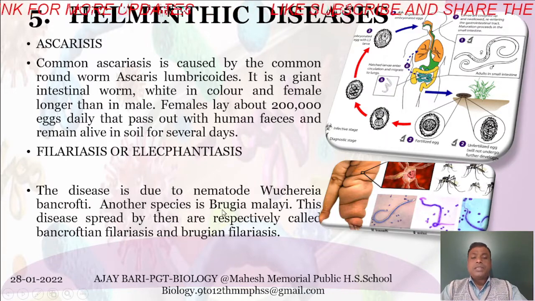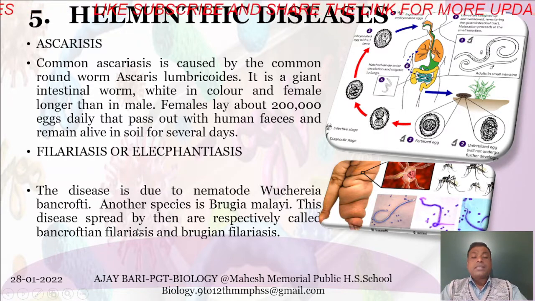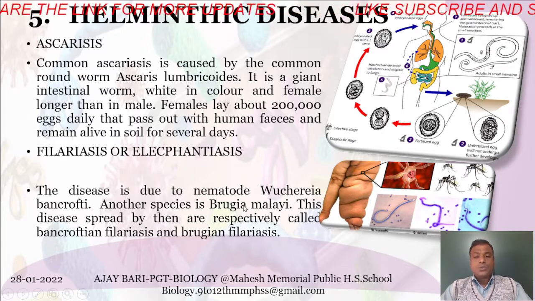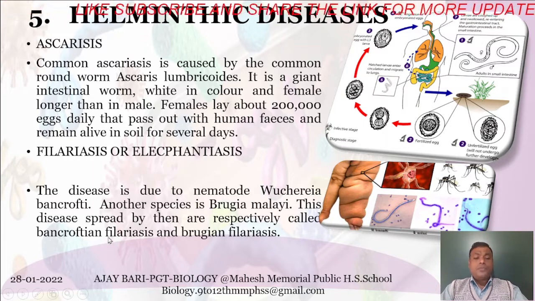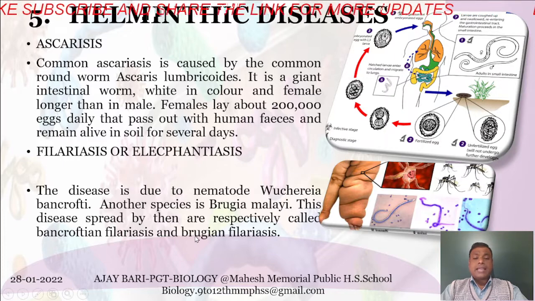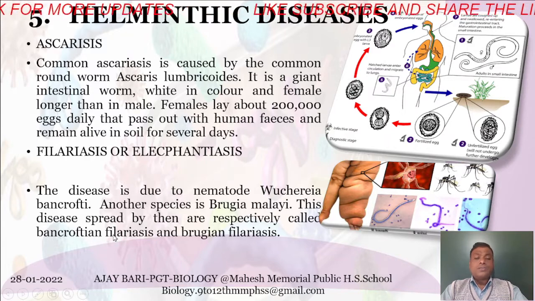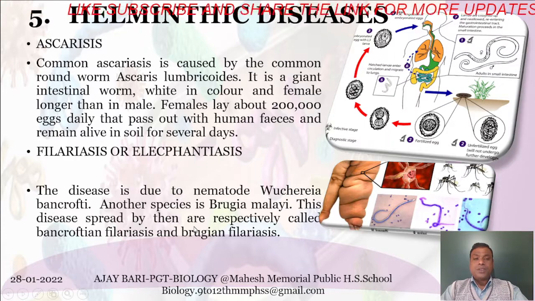Another species is Brugia malayi, named after the Malay area where the disease was seen. So there are two types of filariasis: Bancroftian filariasis and Brugian filariasis. These are the two helminth diseases commonly seen.